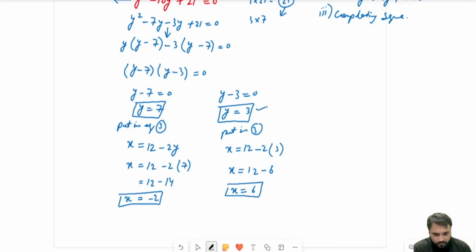These are our answers. Again, we can check it by putting these answers in the equations. You can verify it by yourself in order to check if your answers are correct or not.